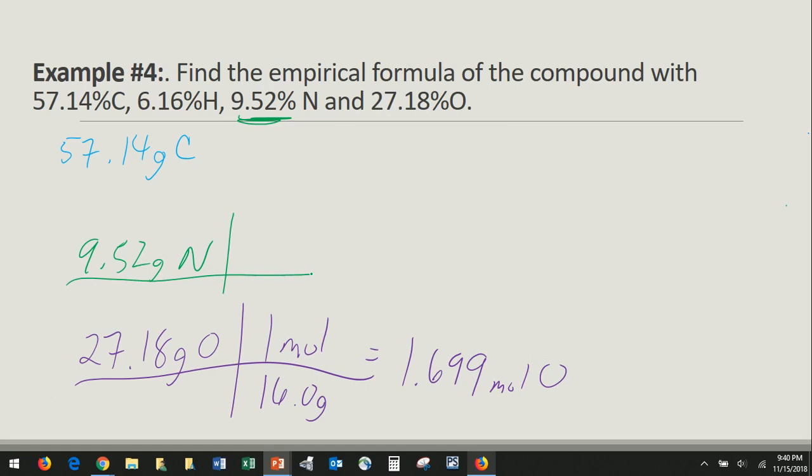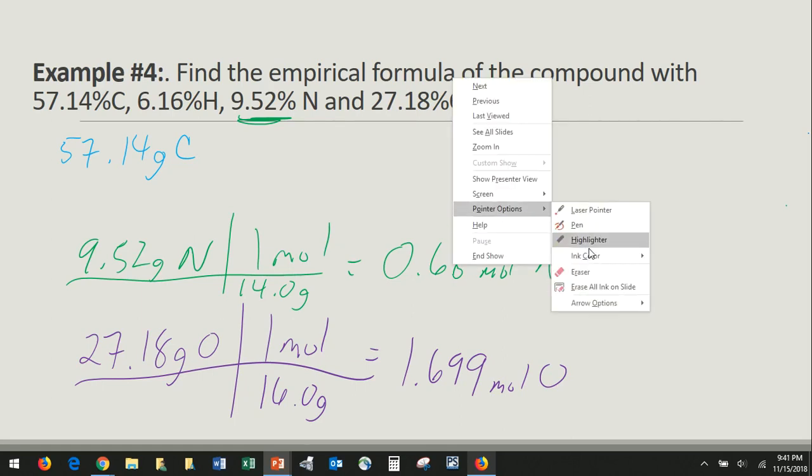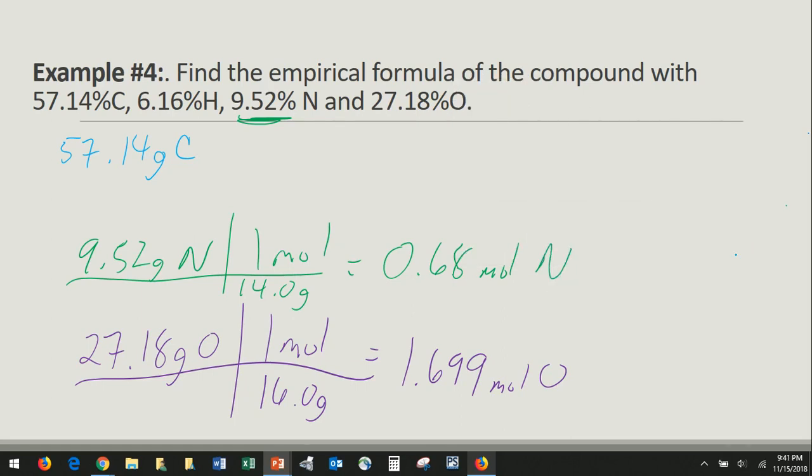So nitrogen on the periodic table is 14.0 grams in 1 mole. So that's going to be 9.52 divided by 14, 0.68 moles of nitrogen. And then the carbon, we're going to do that as well.